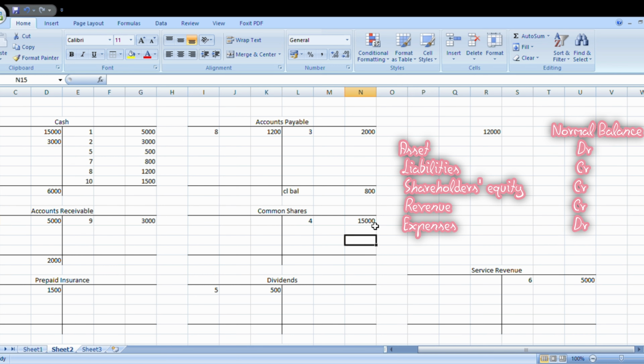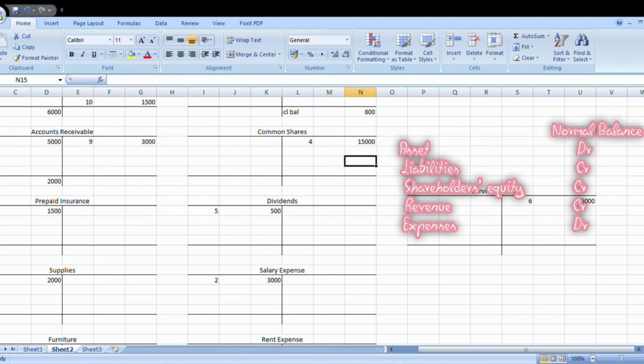Common shares also normally have credit balance. So you can see here 15,000 is coming out to be your credit balance. See, we are not writing this closing balance here because we are not given any amount on the other side. But if the question asks you to write, you can write it like this. Okay. Dividends have debit balance normally, so it is showing you the debit balance. Salary expense.